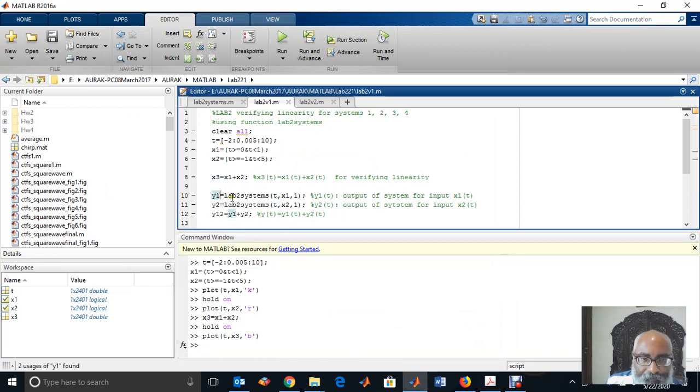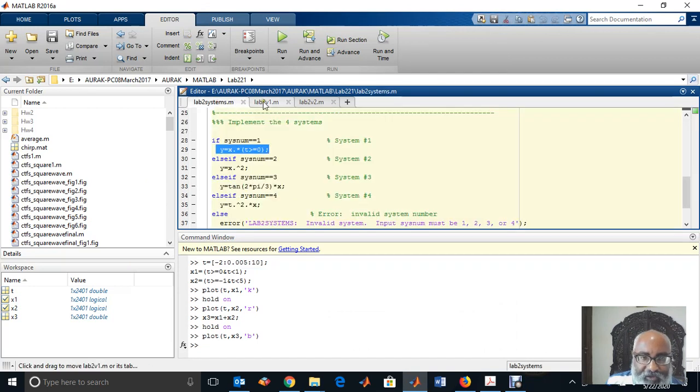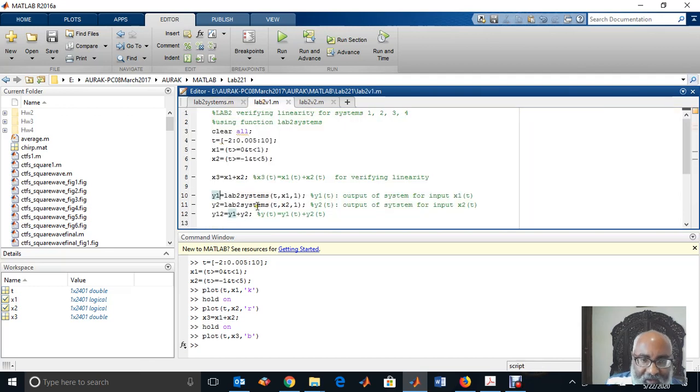Now we pass x1 into the system. So we call the system function, remember this function, and the input is time vector, x1, and the system number is 1. And then we pass x2 again through the same function and we get y2.